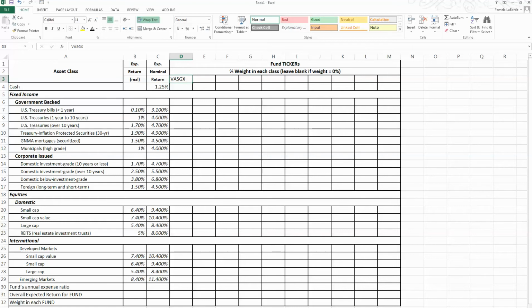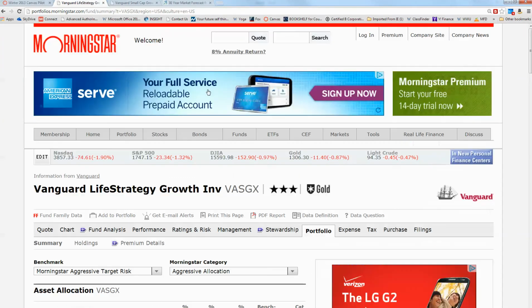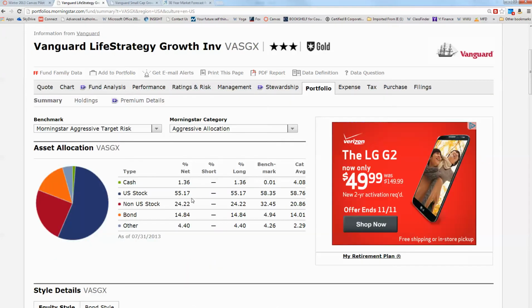So I'm going to pop over to Morningstar. Here is the first fund. It's the Vanguard Life Strategy Growth Investors Fund. Under the Portfolio tab for the fund, I can see the broad asset allocation.